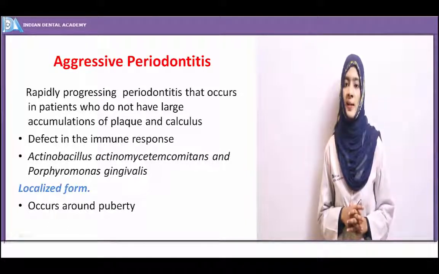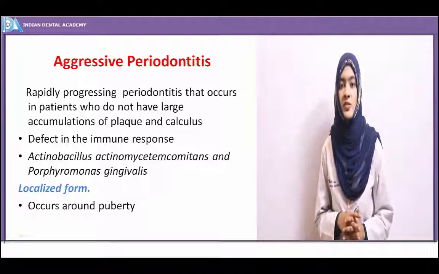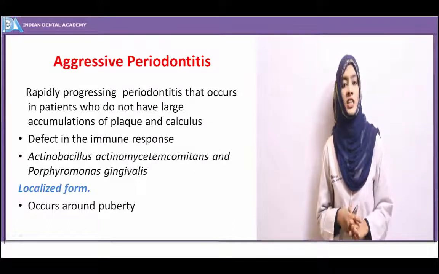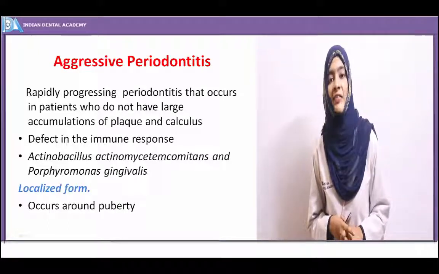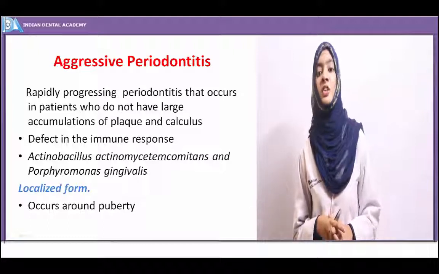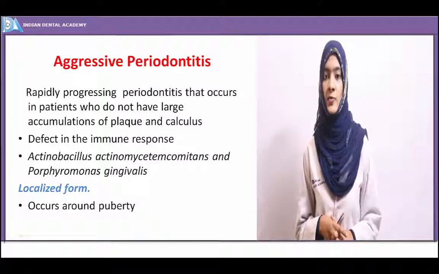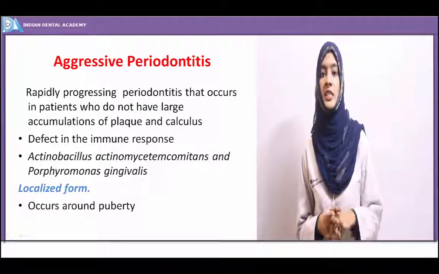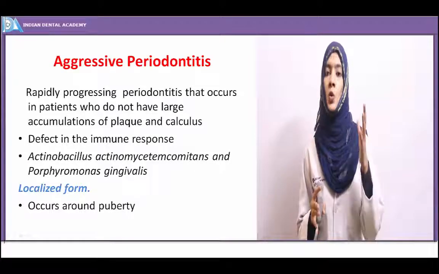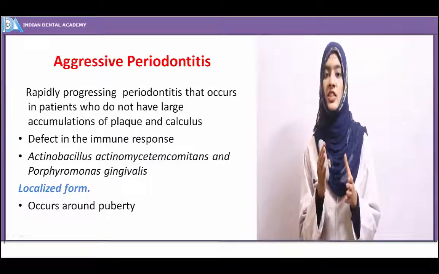Aggressive periodontitis is basically a rapidly progressive type of periodontitis that occurs in patients who do not have calculus and plaque. That's the difference between chronic and aggressive periodontitis. Chronic periodontitis occurs in individuals who have definite etiologic factors.